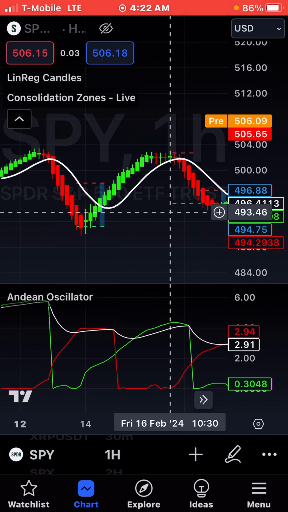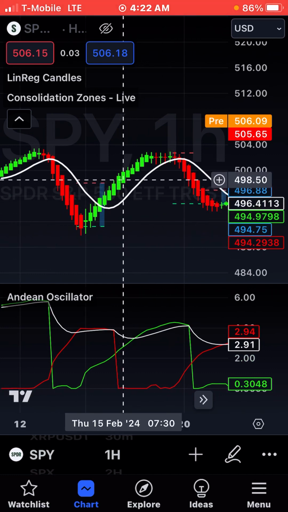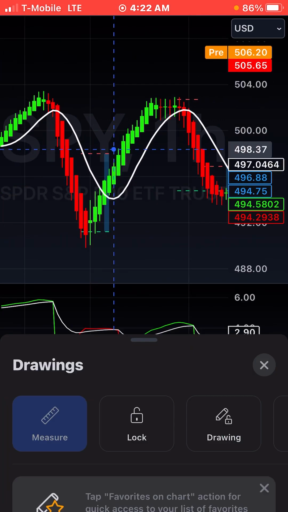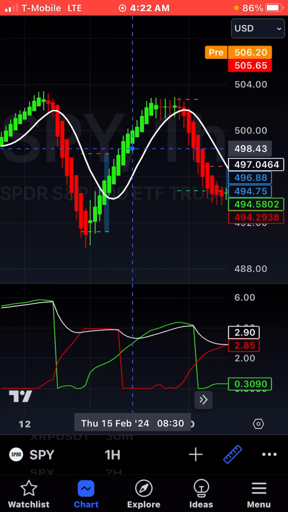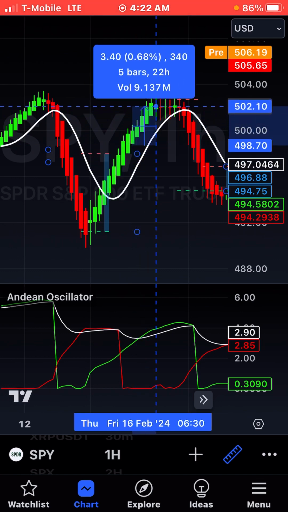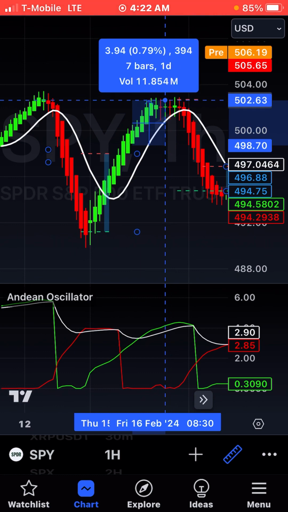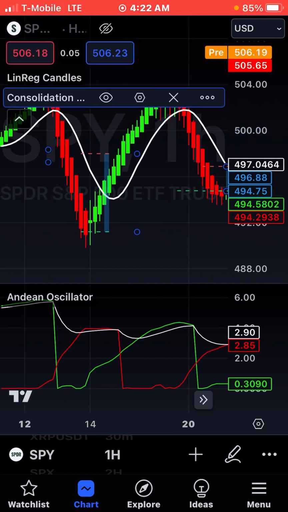But anyway, we see it cross right here. There's going to be small ones, there's going to be big ones. So, it crosses right here. Get in, and you get out. This is $360, and it's about almost $400. So if you did this in Forex as well, you would have made $800.